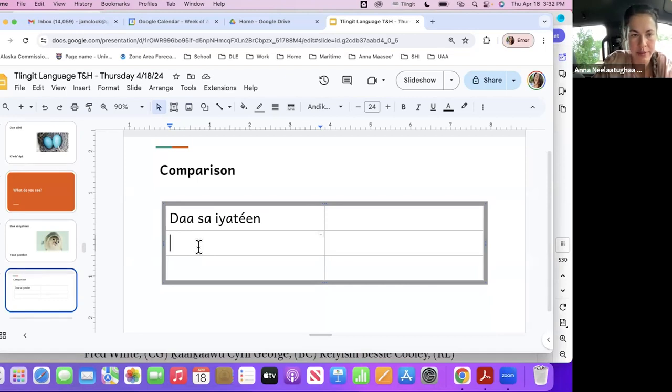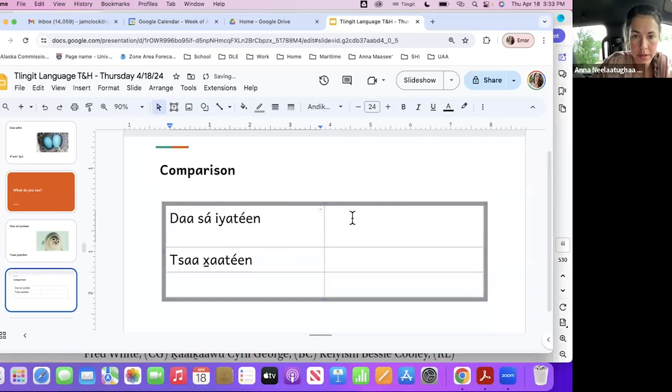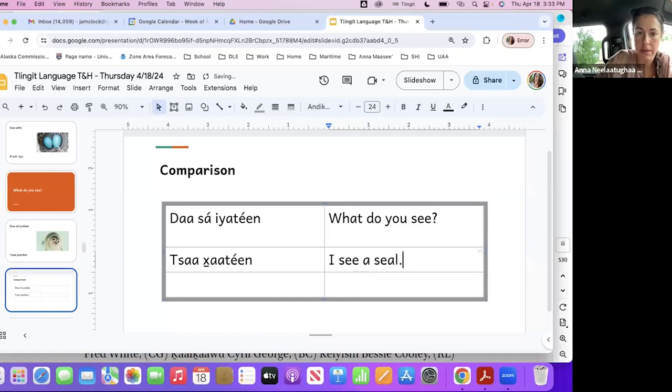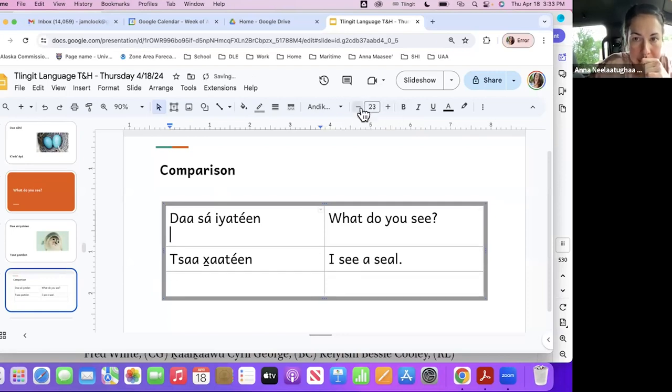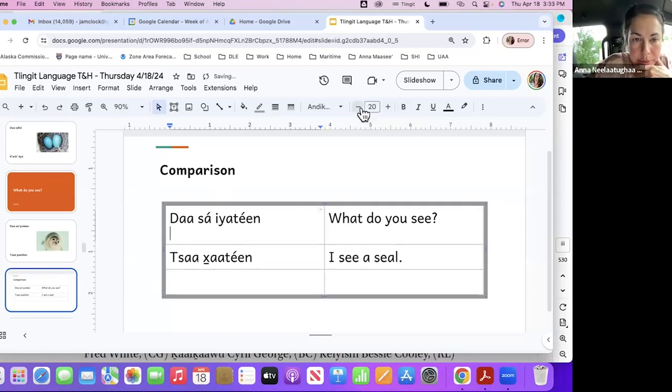So if we were to do a gloss together, how would we describe da sa?